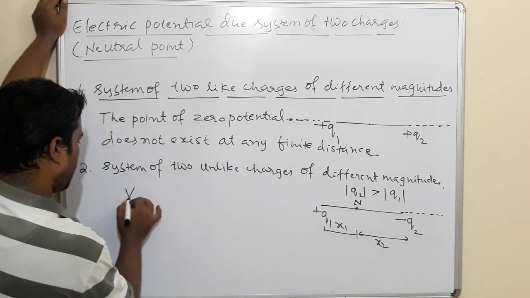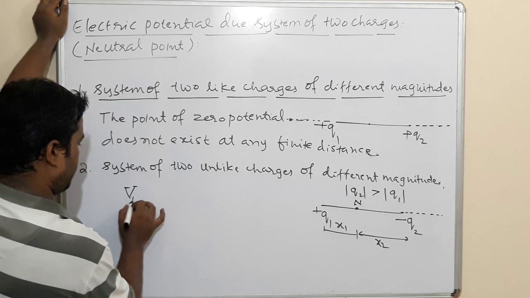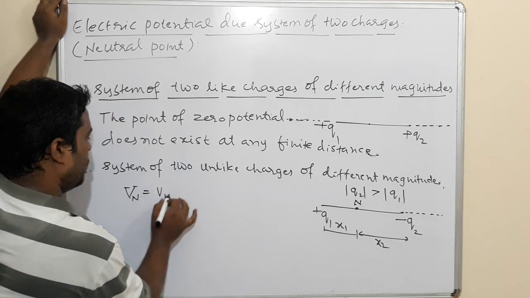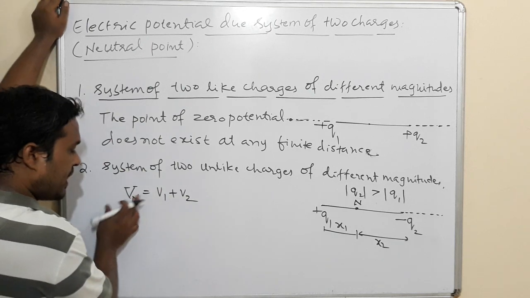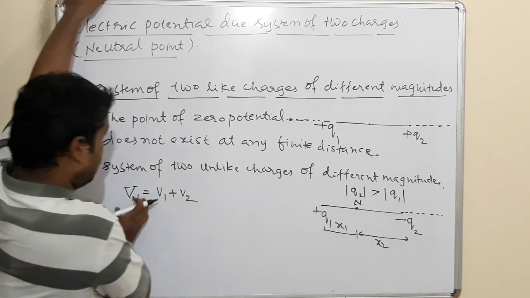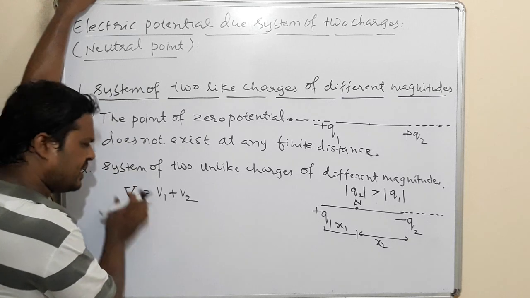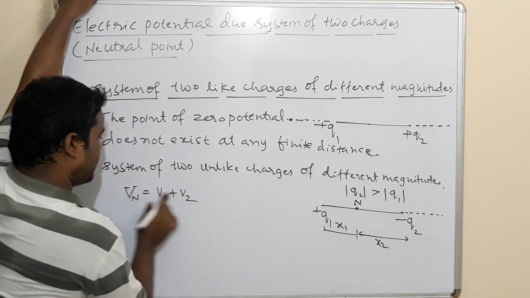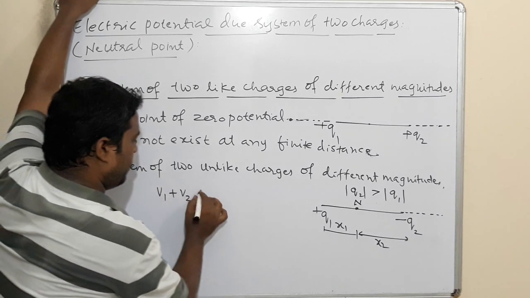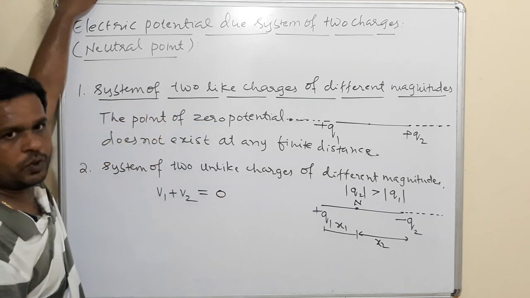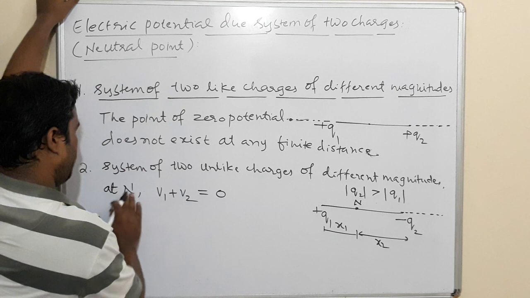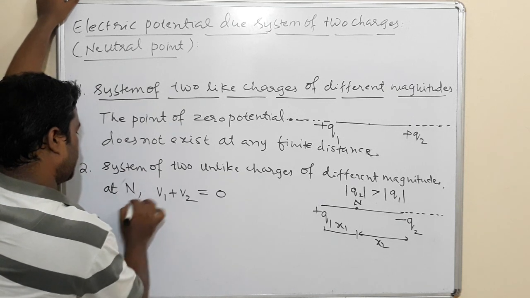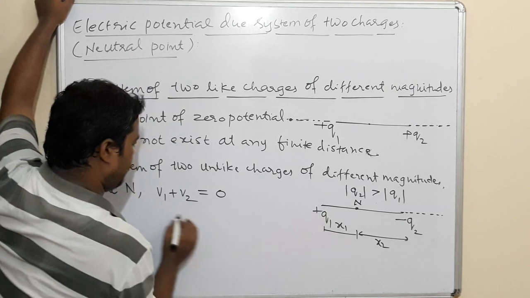Then what is the total potential at the neutral point? Vn is equal to V1 plus V2. This potential must be 0. At the neutral point, the potential is 0. That means at n, V1 plus V2 must be equal to 0. What is V1?